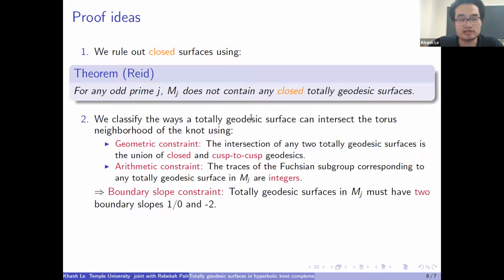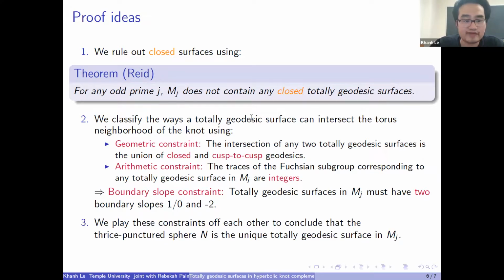Together, these constraints give us the boundary slope constraint, which says that totally geodesic surfaces in M_j must have two boundary slopes, 1/0 and -2, with respect to the standard meridian and longitude for a knot complement. And finally, by playing these constraints off each other, we were able to conclude that the three-punctured sphere N is the unique totally geodesic surface in M_j.